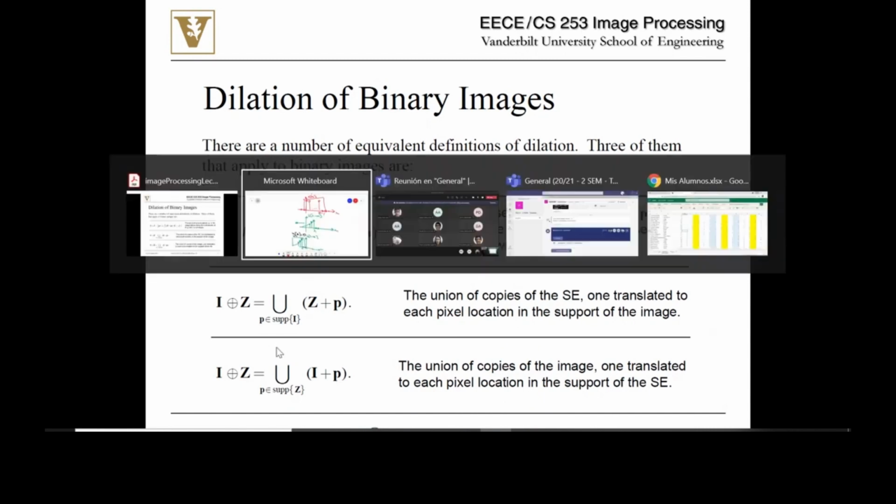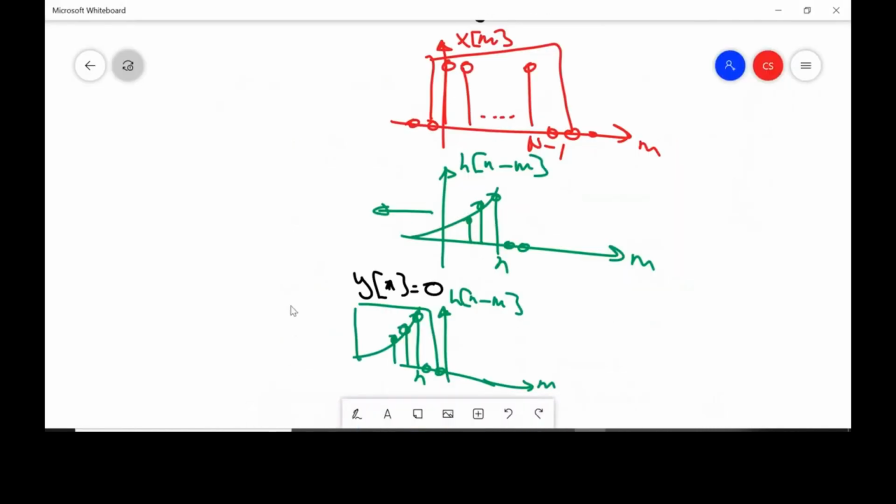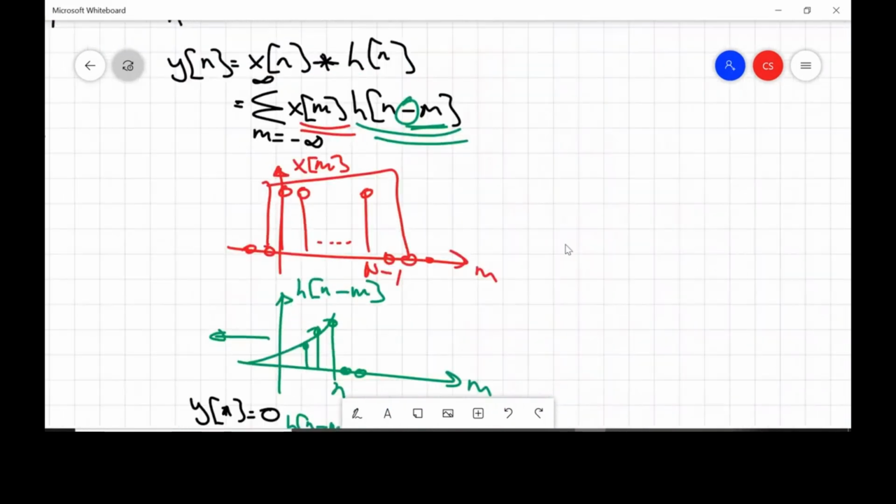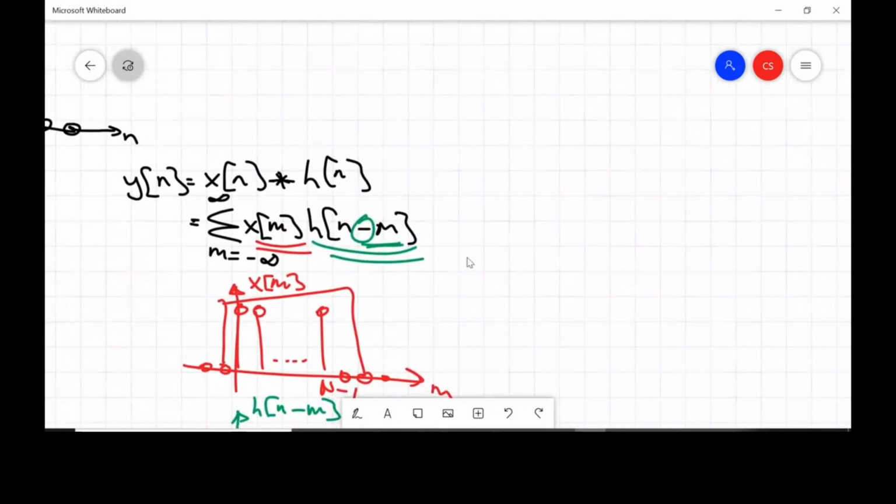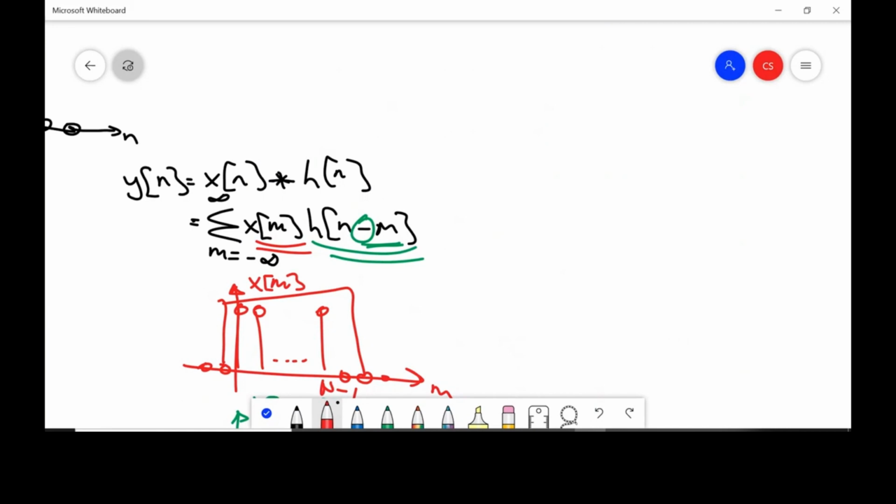Okay, so let's see why. This is a property of the convolution actually. If I look at this convolution, let's say that x of n has a lot of zeros. So I will express this one as a sum over all those locations where x is different from 0.